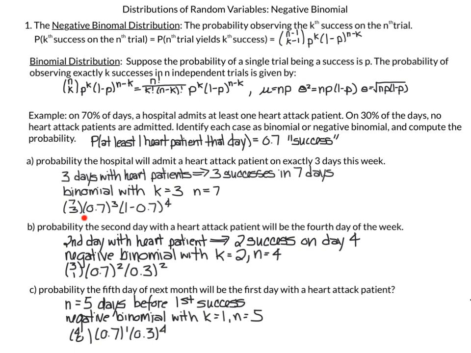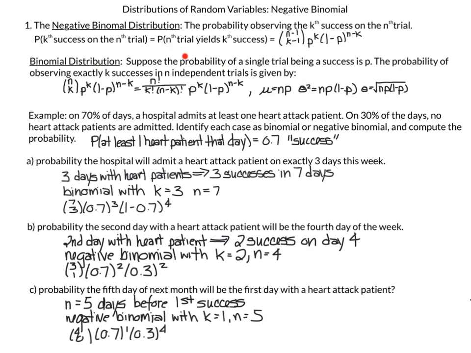Again, these problems seem more difficult than when you look at the description of binomial and negative binomial distribution, because when you look at negative binomial, it seems very clear that you're looking for k successes, so you want to know the nth trial.